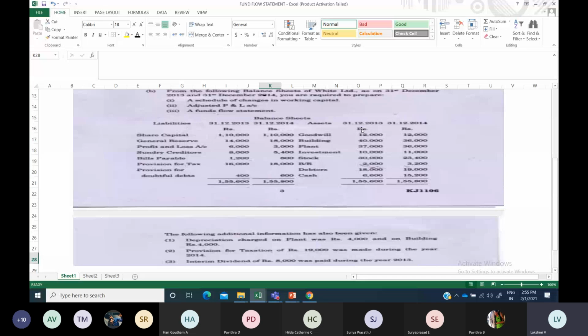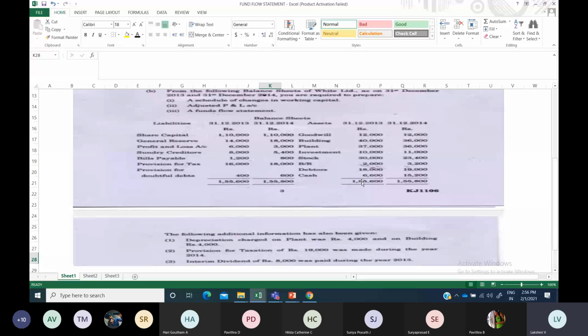Building, plant, investment, anything purchase or sale will come under the fund flow statement. Based upon purchase or sale, you have to decide sources or applications of funds and put them under the fund flow statement. Stock, bills receivable, debtors, cash, all these are current assets, so they will appear under the first step, that is statement of changes in working capital.